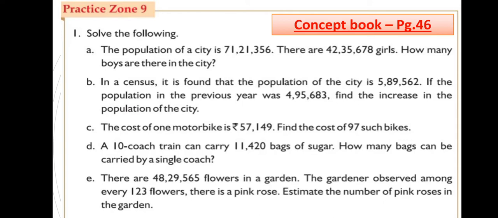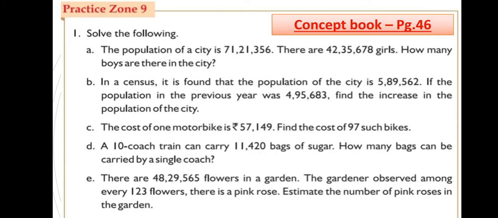So, in the current year, the population of the city is 5,89,562. In the previous year, it was 4,95,683. Now you have to find the increase in the population. What happened in the 1 year? So you have to subtract the both values and find out the increase in the population.